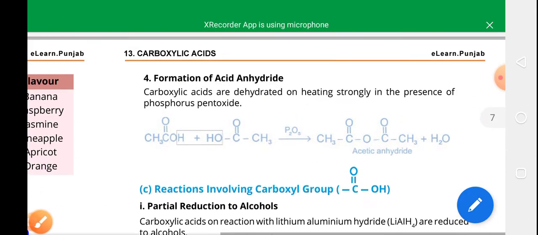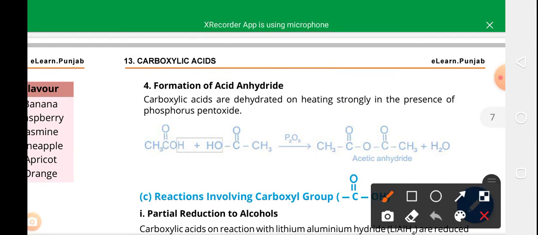Finally, we have discussed formation of acid anhydride. These are the four derivatives of carboxylic acid.